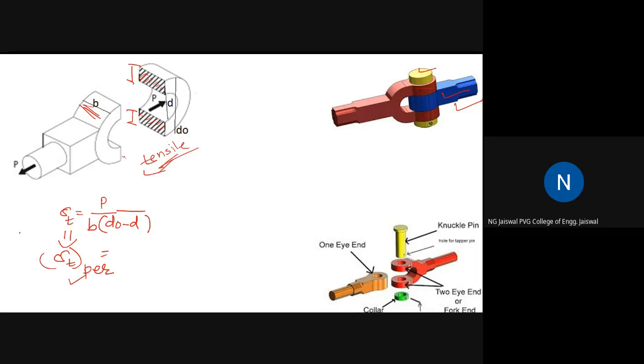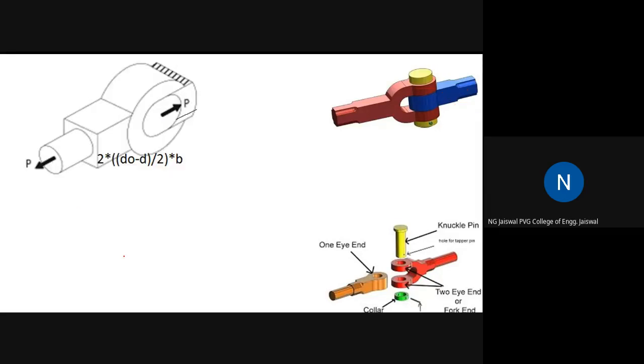This way you can use this equation. Same thing as before: sigma is equal to P upon B into DO minus D. I already explained this to you.